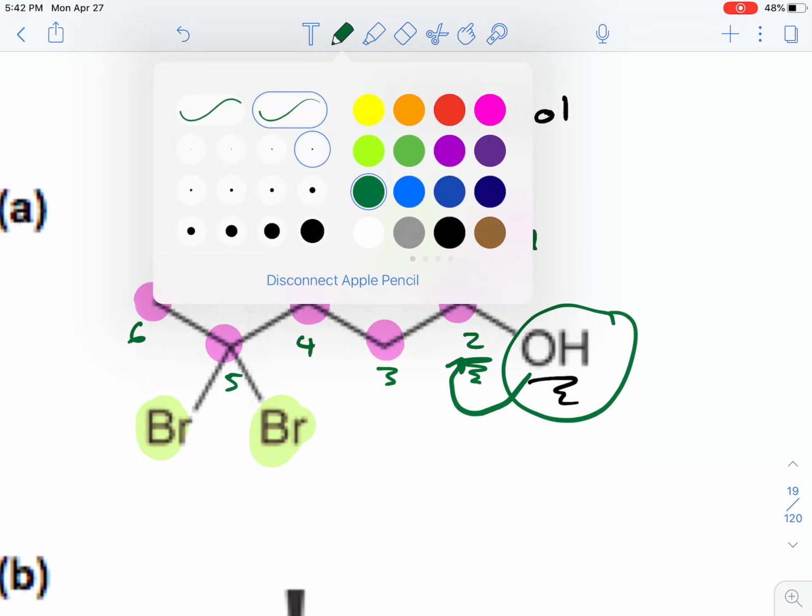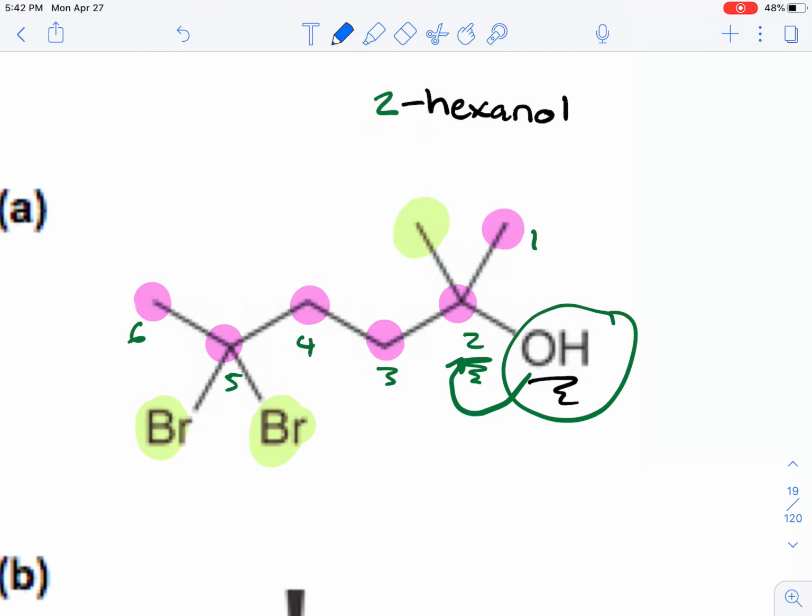So if I name these substituents, this is 2-methyl. We have a 1 carbon substituent on carbon number 2. And here we have a 5-bromo, and another 5-bromo.